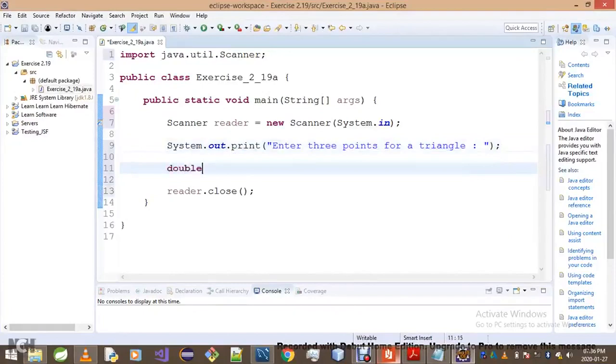Now it's time to declare our variables x1, y1, x2, y2, x3, y3.